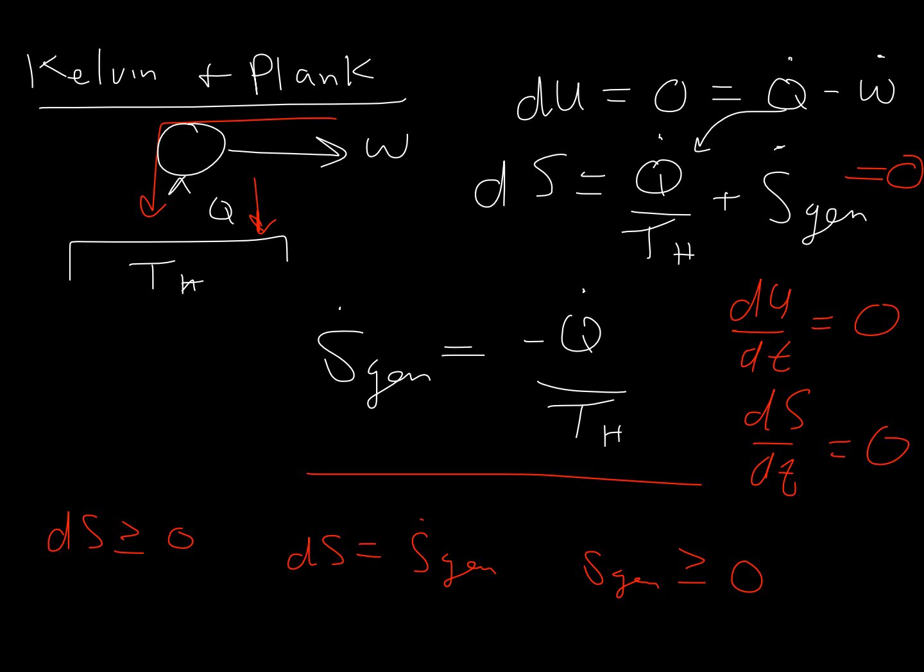If I have a hot reservoir and a cold reservoir and I put them into contact, I've already created entropy. So the only way to do something reversibly in reality, where S gen is equal to 0, is if I have an infinitesimally small gradient, which means it takes an infinite amount of time to heat something up. If I wanted to heat up a pot of water on the kettle, that flame is a really high temperature and that pot of water is really cold, boom, I've created entropy.